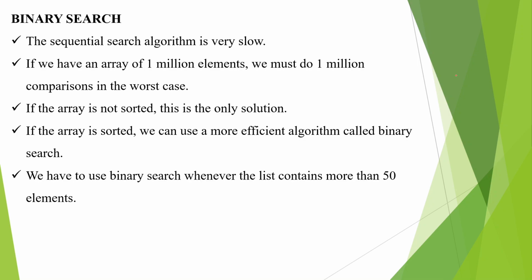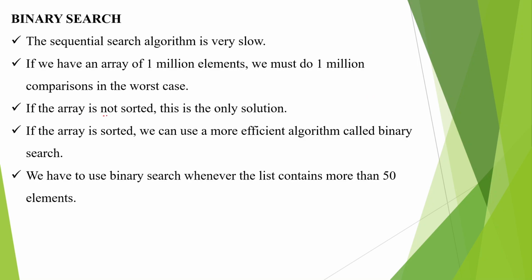But linear sequential search is the only option if the list is not in sorted order. See here, if the given array is not in sorted order, our only option is what? We have to go for the linear sequential search only.